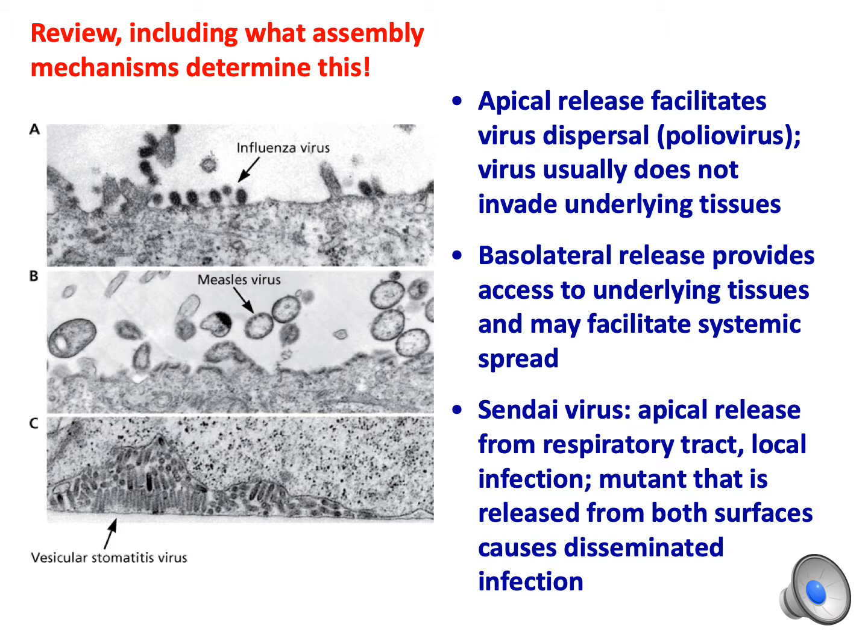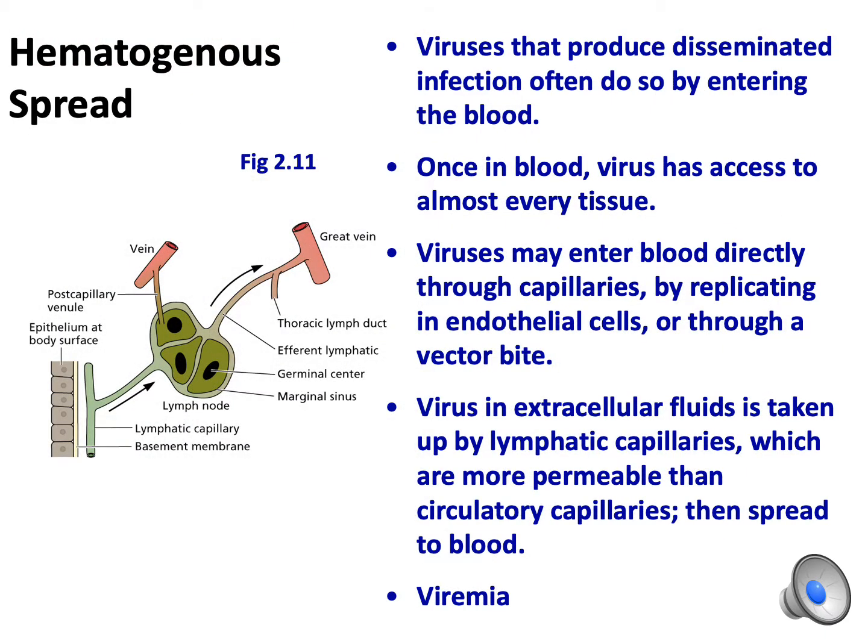And I think I mentioned when we were talking about this initially, for Sendai virus, normally apical release allows that virus to be released into the respiratory tract, but one can engineer a mutant virus that can be released both apically and basolaterally, and that can cause disseminated infection. So viruses that produce disseminated infection often do that by entering the bloodstream.